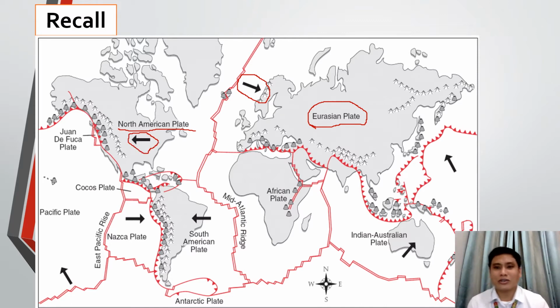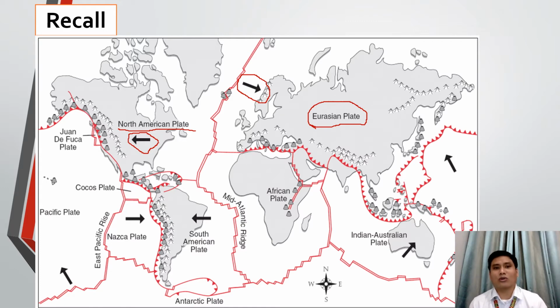Now, the question is, do all of the plates have the same movements? Do they move in the same direction? Or do they move in different directions? Of course, if we will try to observe in this picture, plates move in a different direction.